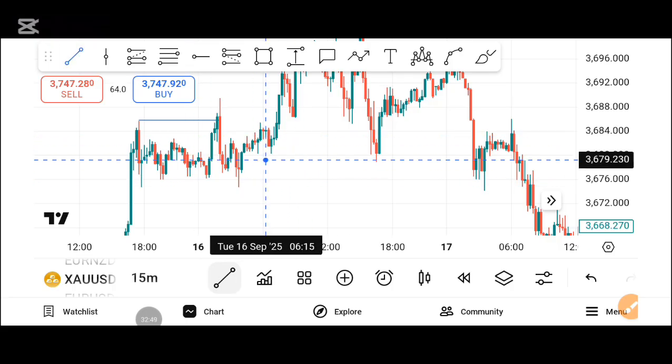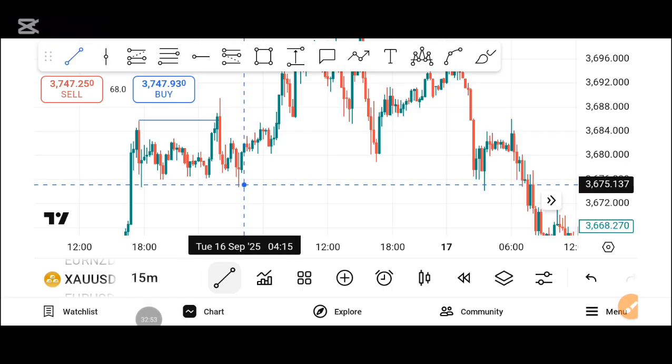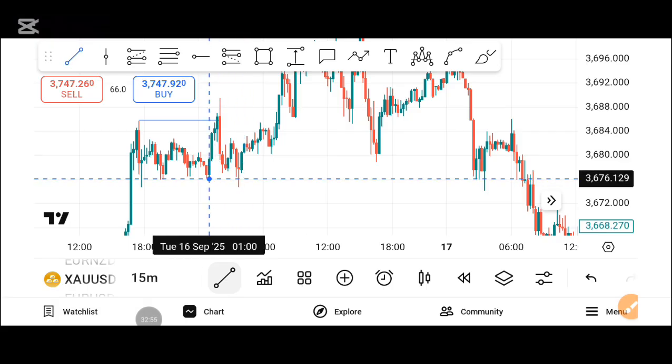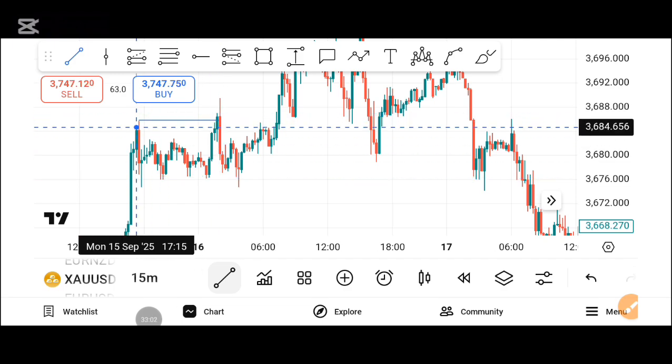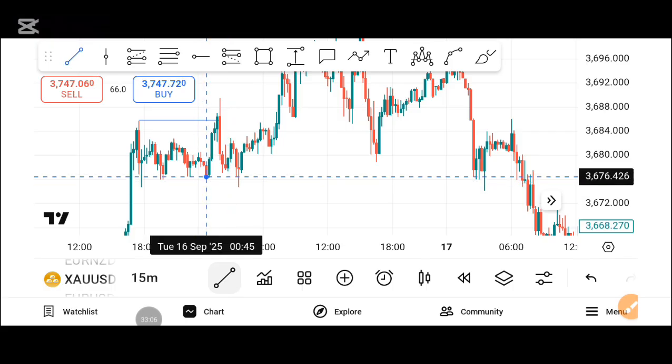And where is the low? This is the low here, and we still have this low here. This is the high here. This is the low. So price came back here like this.